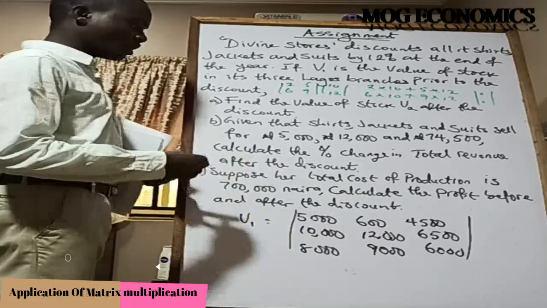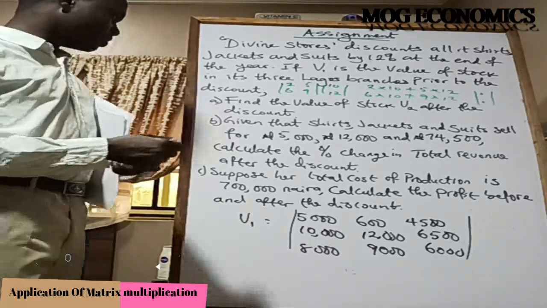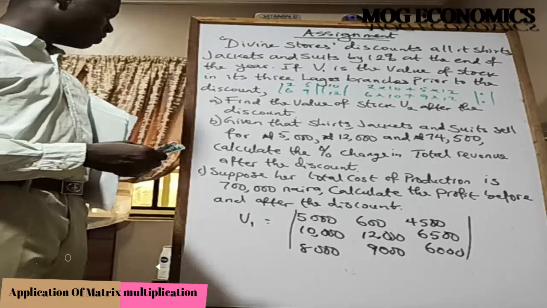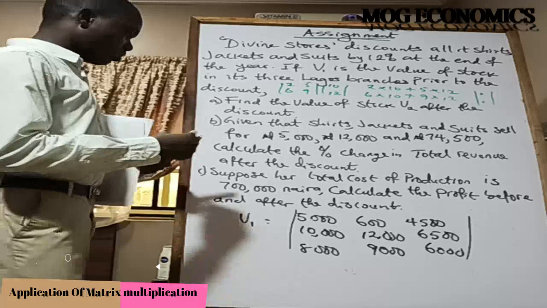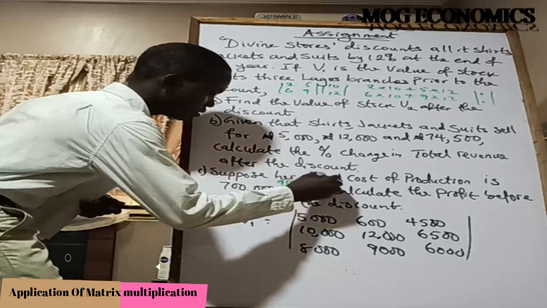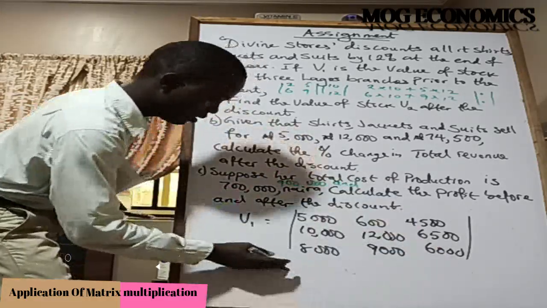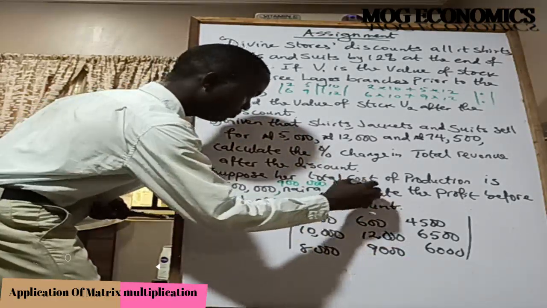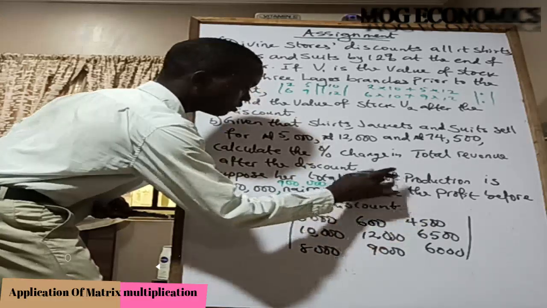So for the total cost now, are we assuming that the total cost in the three stores is the same, or should I even change it? Suppose that our total cost of production is 700,000 in the first store, 900,000 in the second, and let's say, this is like a big boy, 1.2 million in the third.